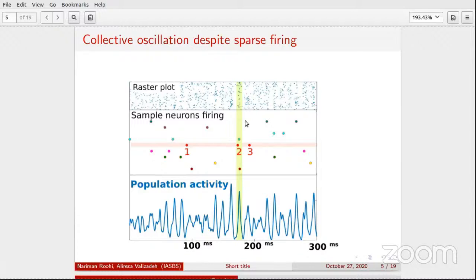After this burst period, recurrent inhibition suppresses the network, and what we see is a silence period of network activity. Succession of these two time intervals leads to individual neurons firing so sparse and so irregular.